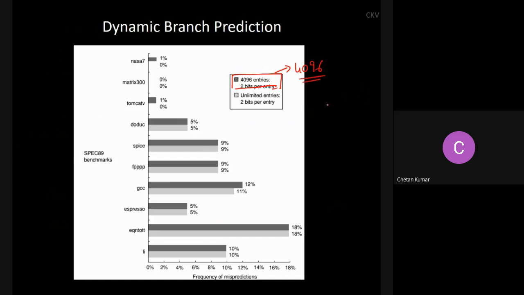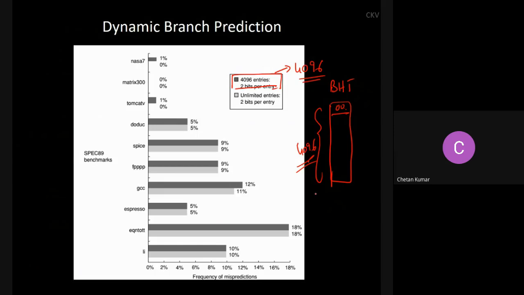It conveys a lot of information. You have a branch history table with 4096 entries, and there are 2 bits per entry.